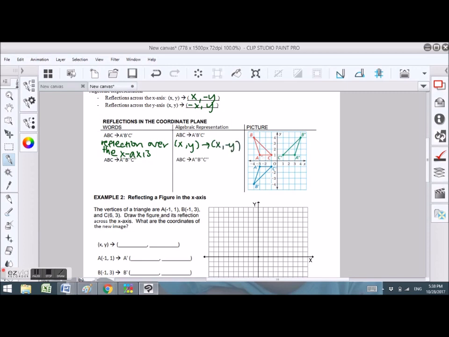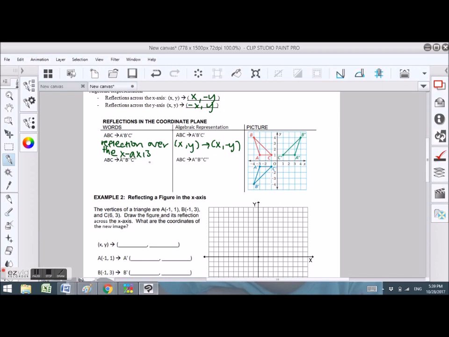So if you look at point A, we start at (negative 3, 1). The reflected point is (negative 3, negative 1). So again, the x value stayed the same, but our positive 1, which is the y value, became a negative 1. So every single point has the same x value, but a different y value. So B, we have (negative 4, 4). The reflected value is (negative 4, negative 4).